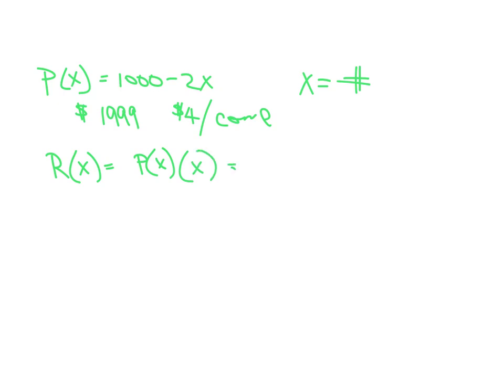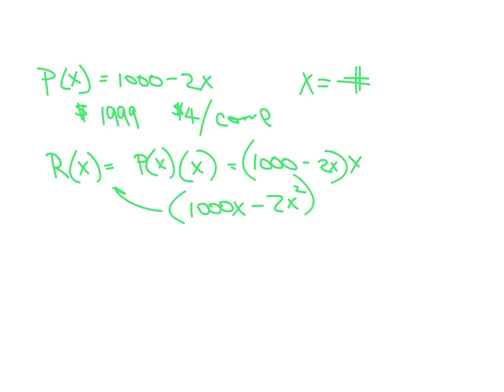So that would be 1,000 minus 2x times x, which would be negative 2x squared plus 1,000x. All right, so that would be our revenue.